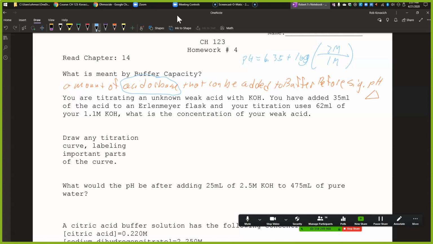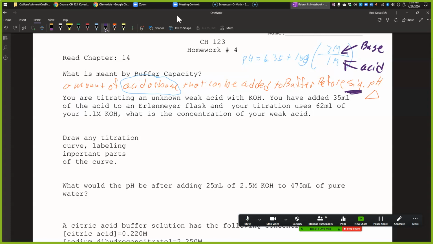It can buffer more against acids, and you know that because this right here is the base, and this right here is the acid part of the buffer. So this particular buffer can buffer against an acid twice as much; twice as much acid can be added before we get that significant change in pH. Does that make sense?